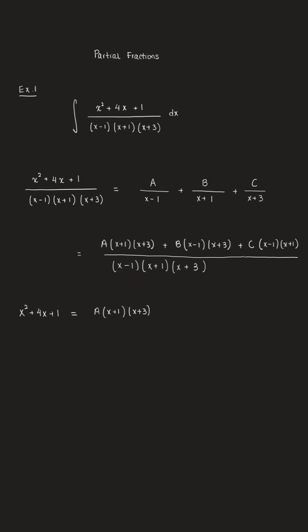You could at this point multiply everything out and compare the types of terms that you have on the right side of the equation to the types of terms on the left side, but I'm going to do this slightly differently. Our goal is to find those constants a, b, and c.